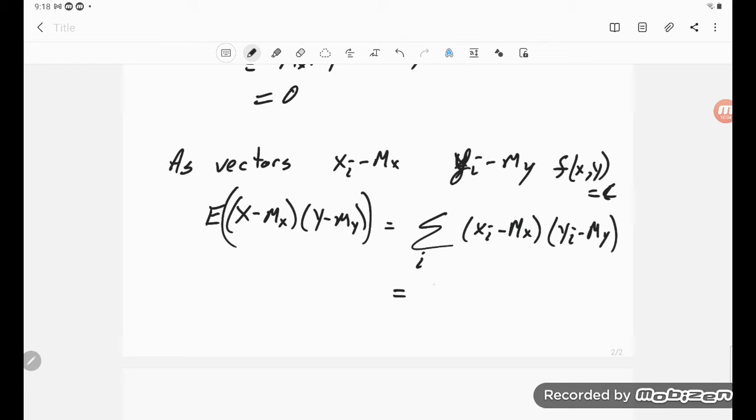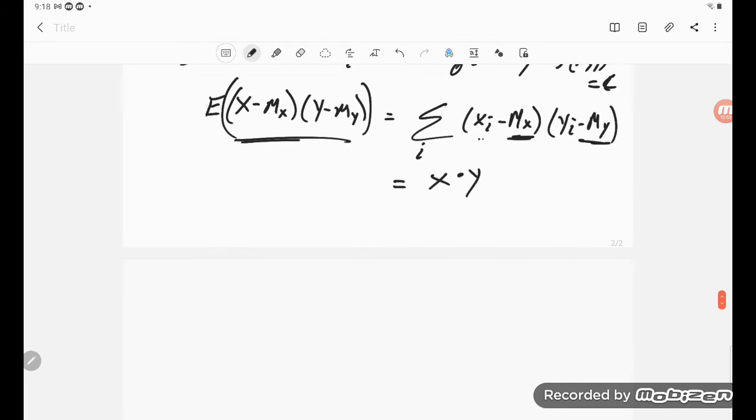Now, we also have the f of x in there, but if that's a constant, you can think of this as the dot product of an x vector with a y vector. Okay, now they're centered at the mean. We've subtracted the means off each one, but this you can kind of think of as x dot y.